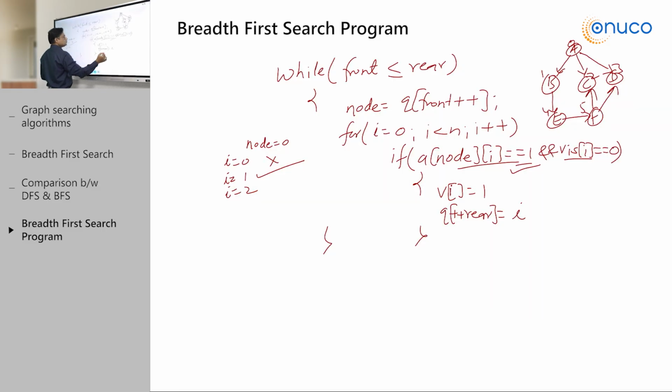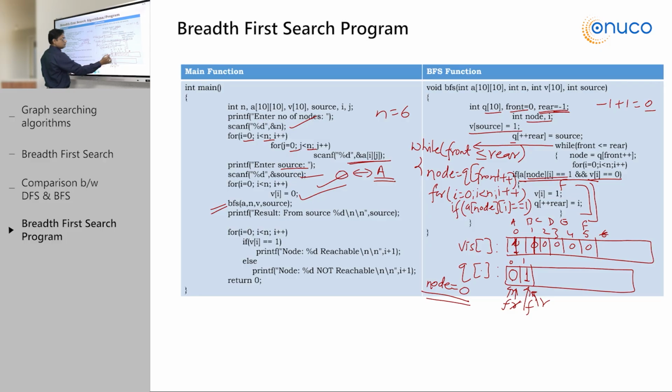If both conditions are true, right, then we will do this. Visited of 2 is equal to 1 and q of plus plus rear is equal to I, so rear pointing to this position is 2, right? So we are getting the same case A, B, C as we did in the example.